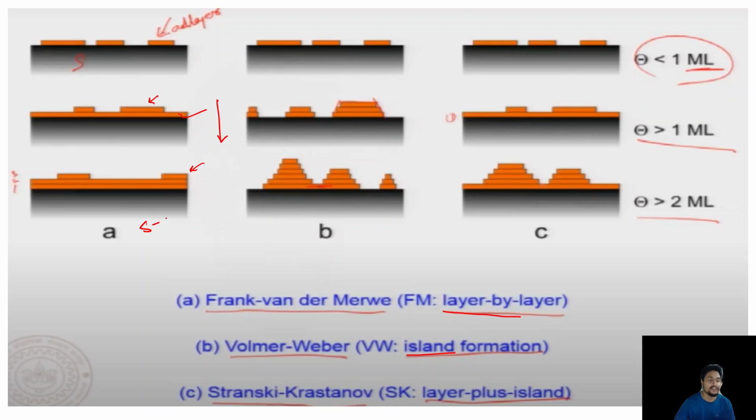Whenever the surface-atom interaction is higher than the atom-atom interaction, layer by layer growth occurs. Whenever the atom-atom interaction is higher, one by one atoms come towards it, and island growth is observed. In Stranski-Krastanov, both island and layer by layer forms. So what are the regulating points? I suggest you go through this, and I also tried to discuss it a bit in the problem solving session.